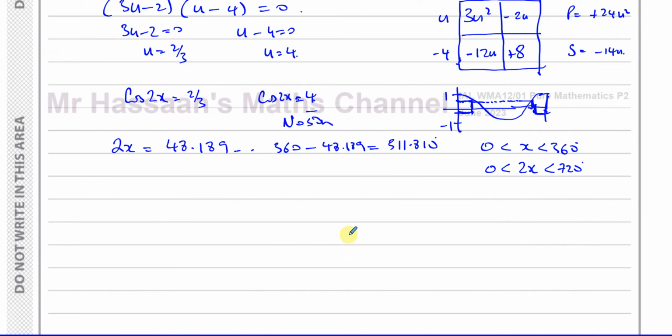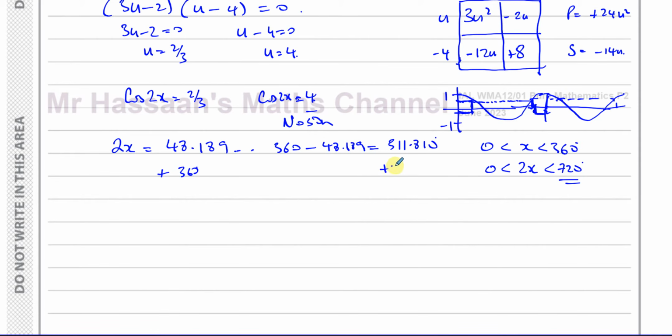But now we've got to go all the way up to 720. The cosine curve will have another two solutions up to 720. If you think about it, 720 will be over here, and there are going to be another two solutions, one over there and one over there. We can think of this solution as 360 more than that solution, because it repeats every 360. So if I add 360 to this, that gives me another solution.